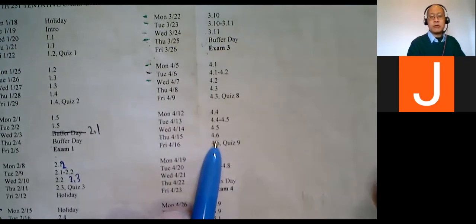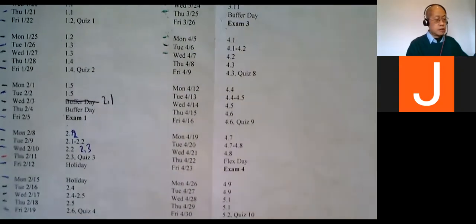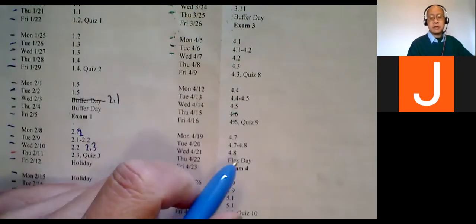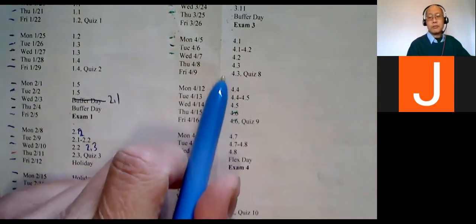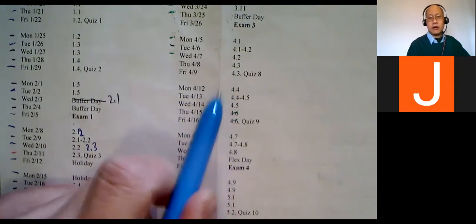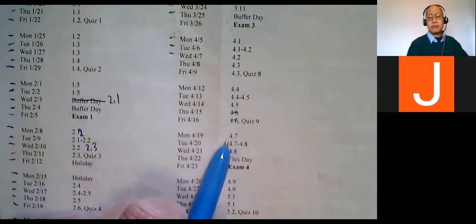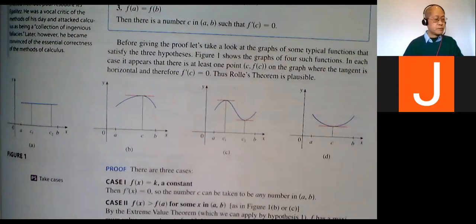Which further means there's a greater chance that we will have the exam on Friday the 23rd. So again, I made a mistake. There is no 4.6. So we go from 4.5 to 4.7. 4.3 is pretty much all graphing. 4.5 is pretty much graphing. 4.7 is word problems, applied max and min. And 4.8 is something else. But we'll see how it goes.